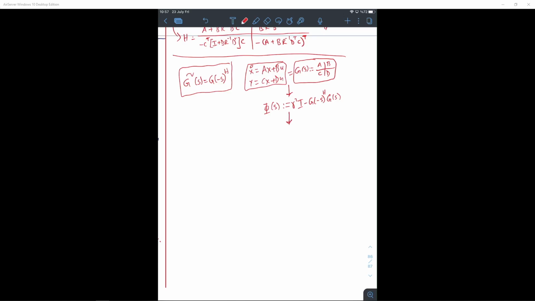For example, 1 over s plus 1 is a transfer function, right? Let's say s plus 3, this is a transfer function. Let's say this is phi of s, and phi inverse of s is s plus 1 over s plus 3, right? Okay.